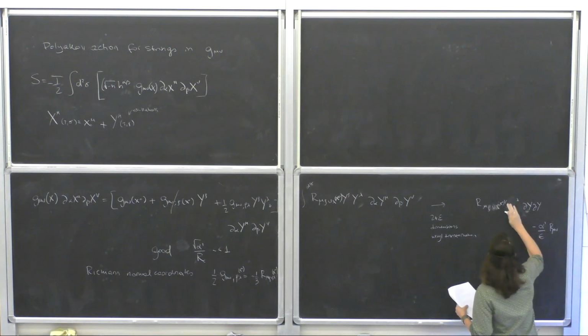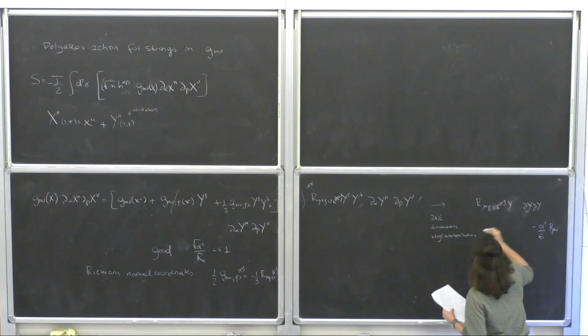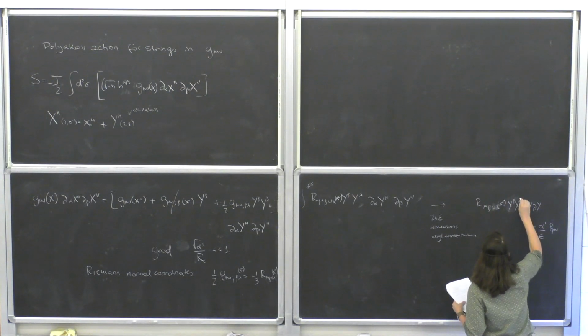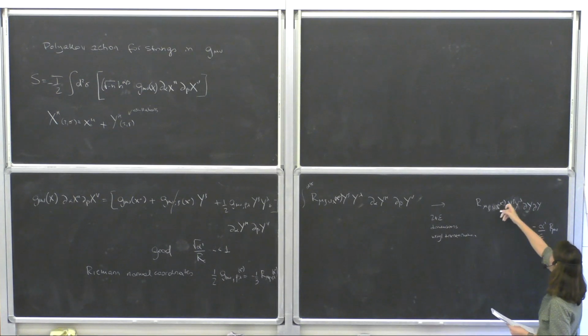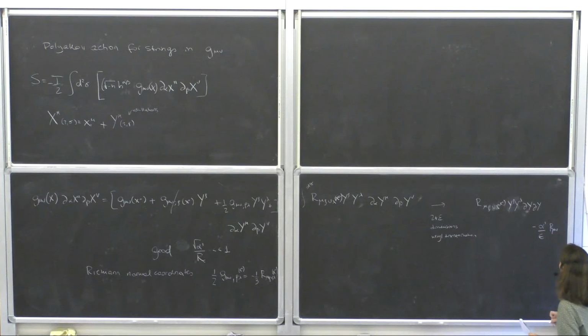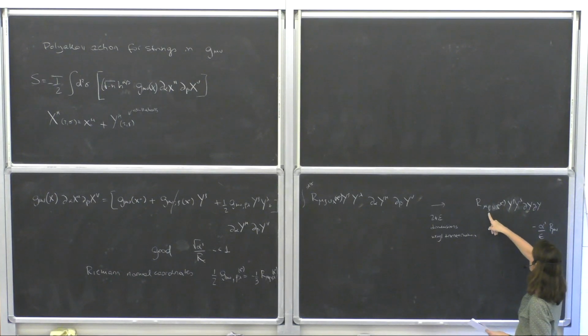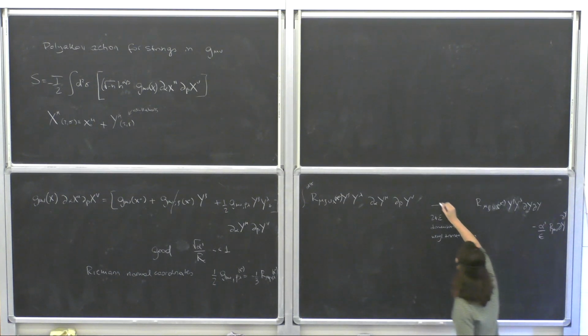If you put the propagator here, what you have is η_{ρλ}. So you contract this index with this index, and you get the Ricci tensor times ∂y ∂y.